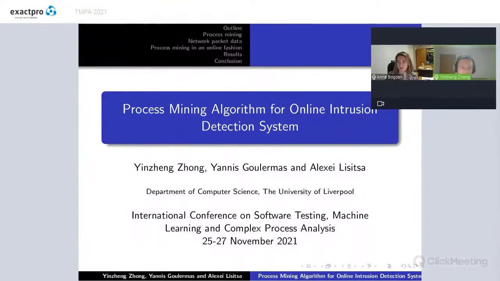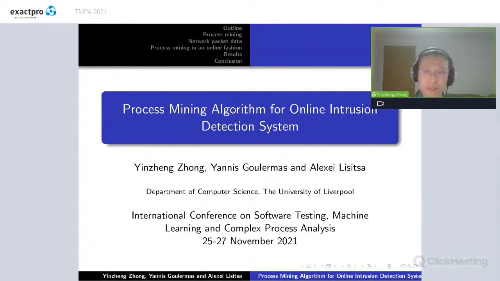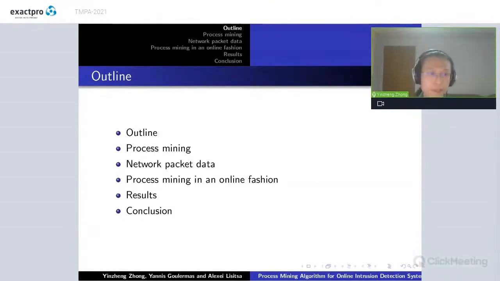I'm a PhD student of the University of Liverpool, and today I'll be presenting the process mining algorithm for Online Intrusion Detection System. I will briefly go through these small sections.